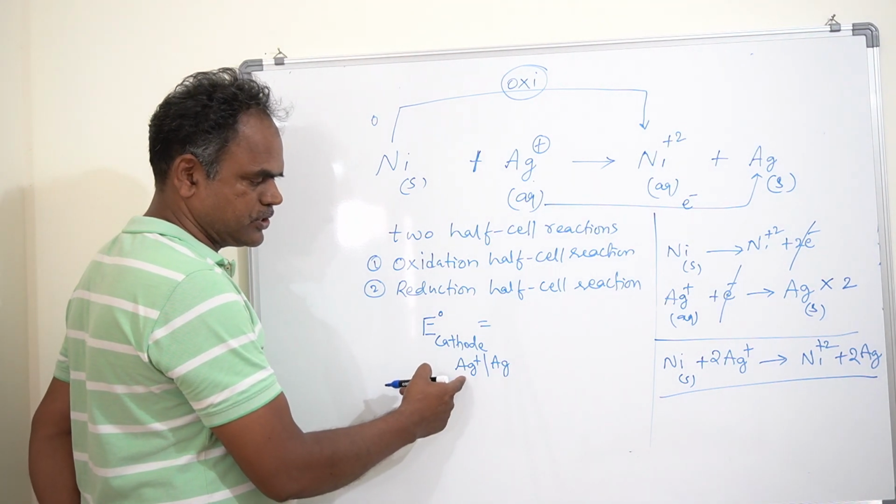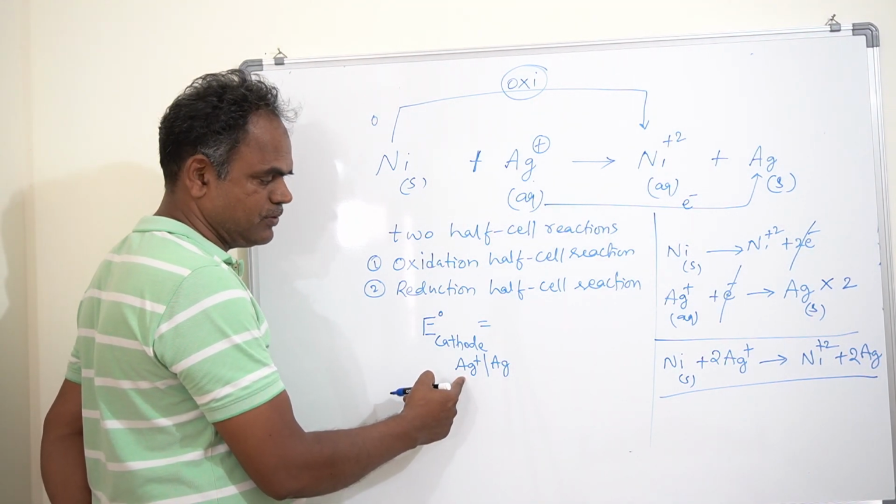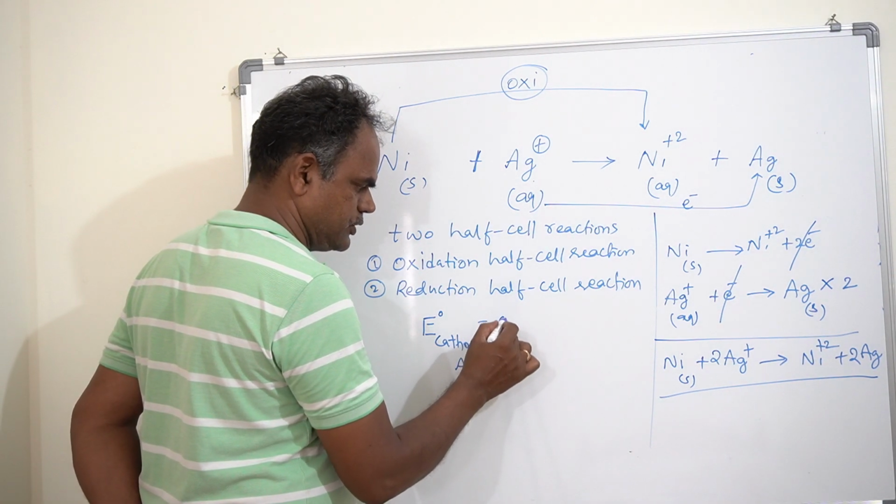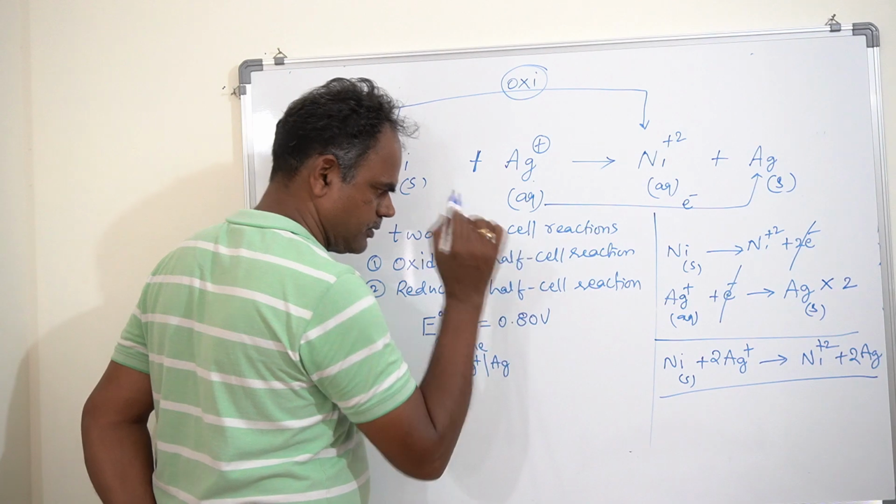The standard reduction potential of silver ions is a positive value, 0.80 volts.